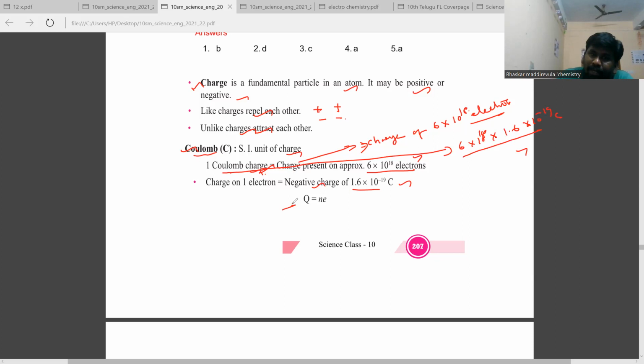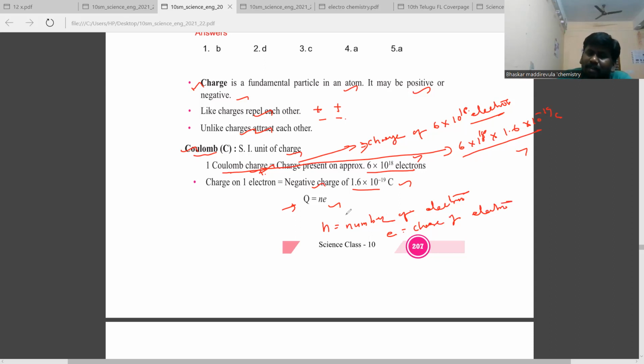So always we find charge with the small formula: charge Q equals N into E, where N is the number of electrons and E is the charge of an electron. This is the small information.